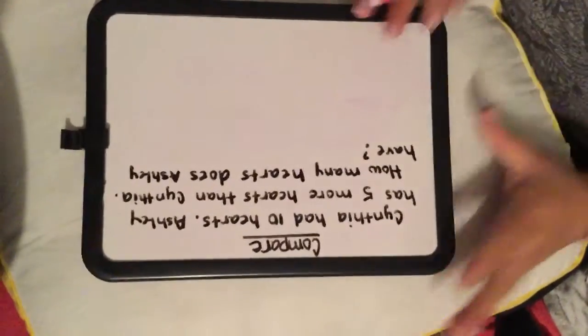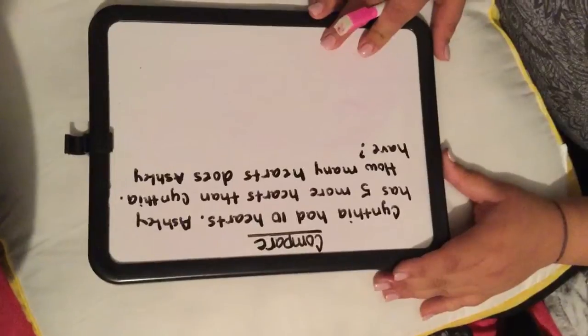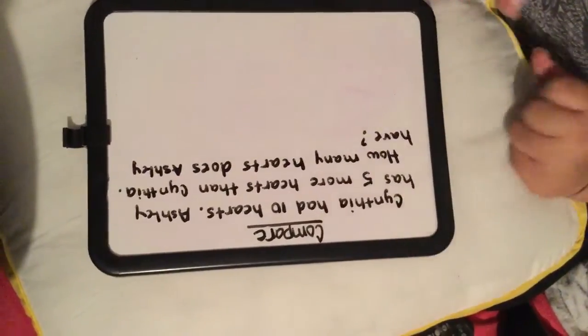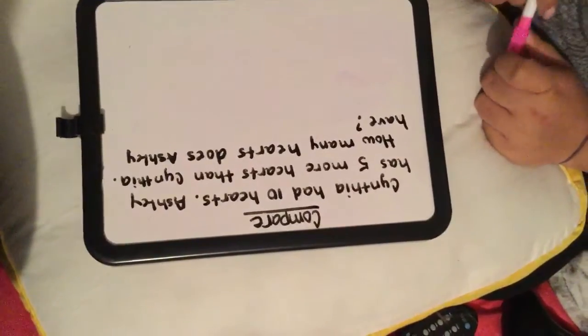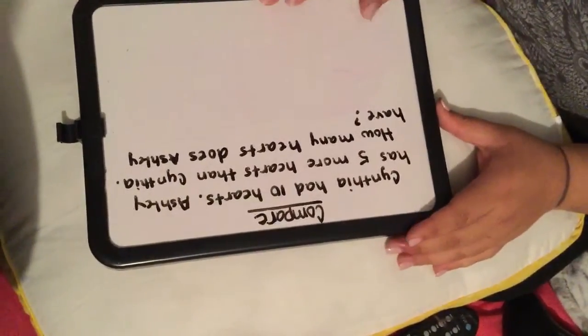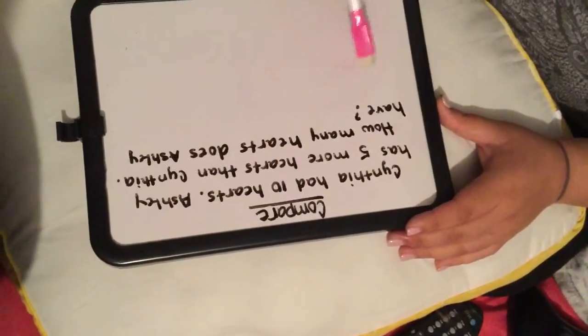Okay, so now we're going to be doing a different problem, and it's a compare problem. We're just going to be comparing Cynthia's hearts to Ashley's hearts and seeing how many more Ashley has. So let's go ahead and do the problem. Cynthia had 10 hearts. Ashley has 5 more hearts than Cynthia. How many hearts does Ashley have?